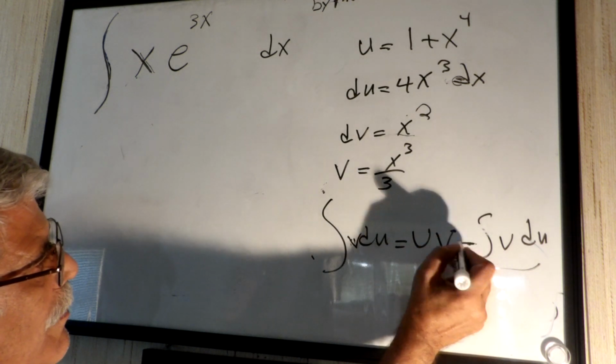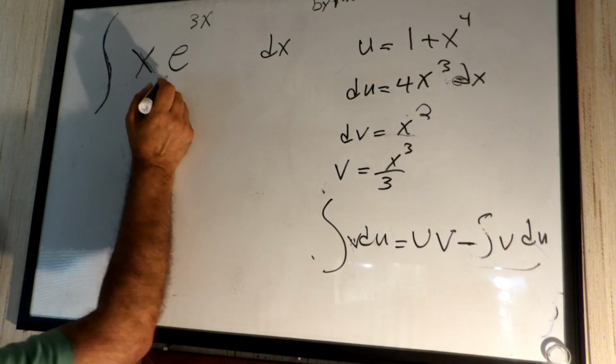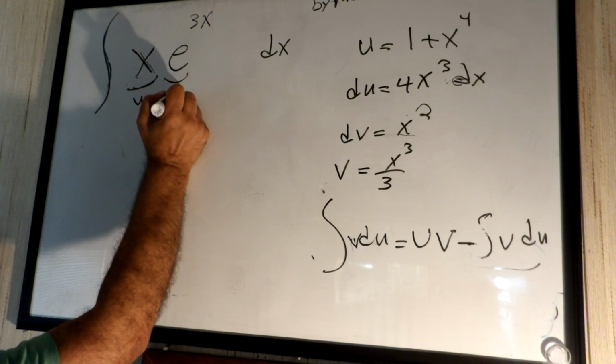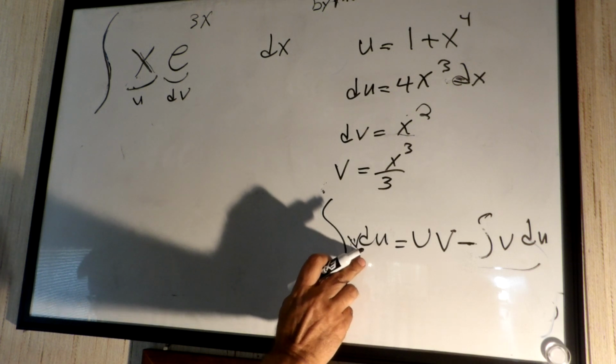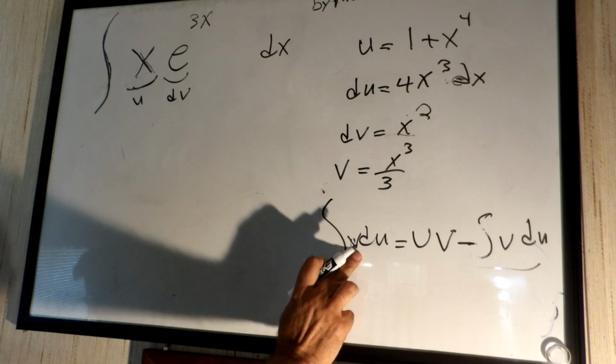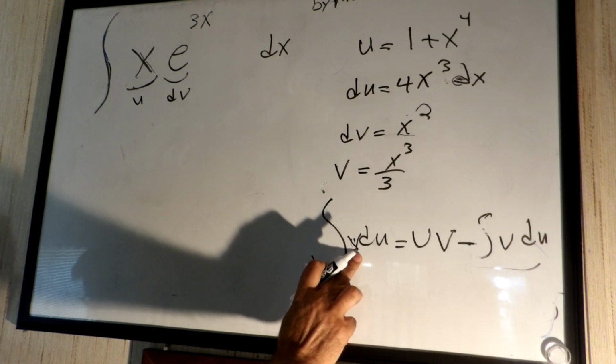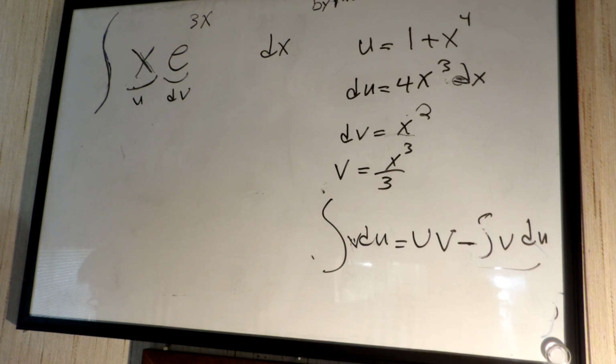We use uv minus the integral of v du, and u dv.